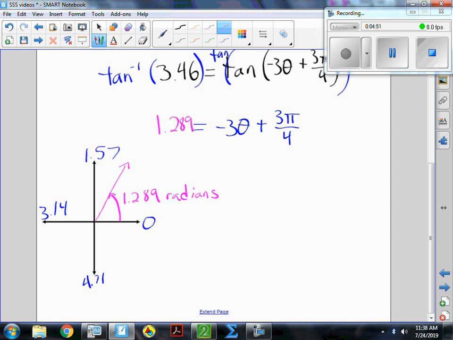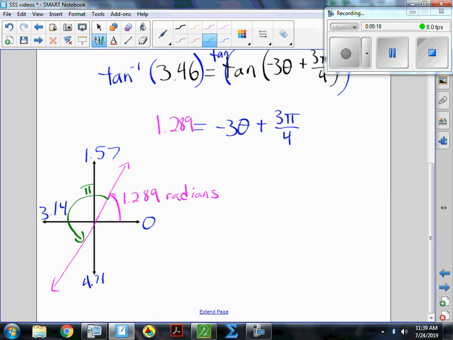Okay, we know that tangent is positive in quadrant 1. We also know tangent is positive in quadrant 3. So I need to find the reference angle there. Or I know the reference angle, it's a 1.289 reference angle. But I need to find this entire angle. The entire angle is going to be 1.289 plus pi.